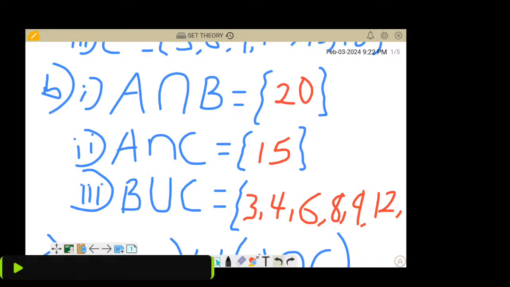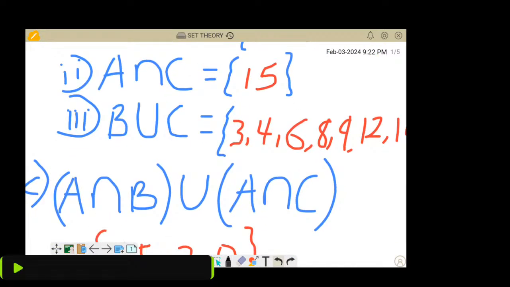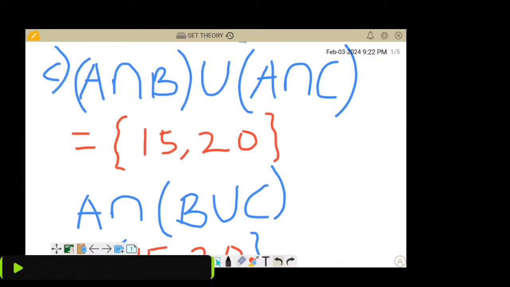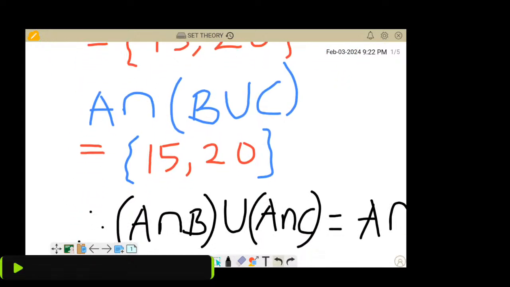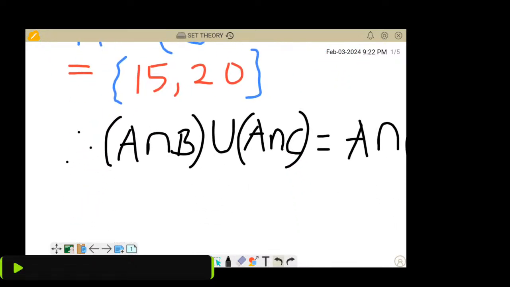Now B union C simply means all the elements of B and C without repeating any of the elements, and we were able to write that out. The third part also showed that A intersection B union A intersection C equals A intersection B union C, and we've been able to establish that they are equal to each other.